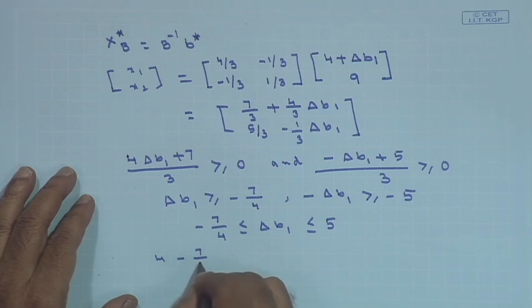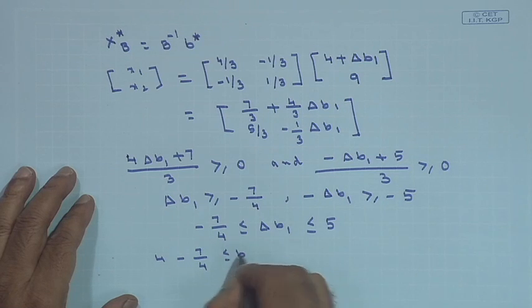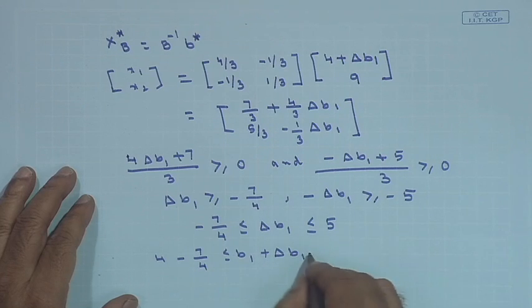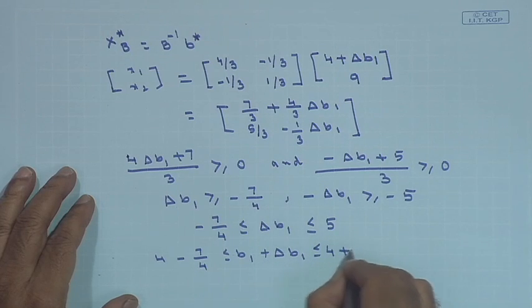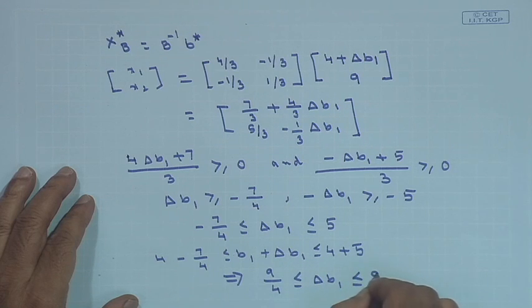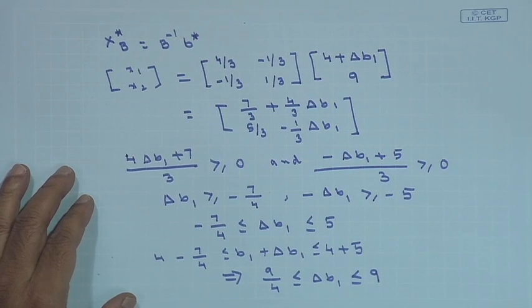So, 4 minus 7 by 4 is less than or equal to B1 plus delta B1, which is less than or equal to 4 plus 5. Or in other sense, this implies 9 by 4 is less than or equal to B1 star, less than or equal to 9.